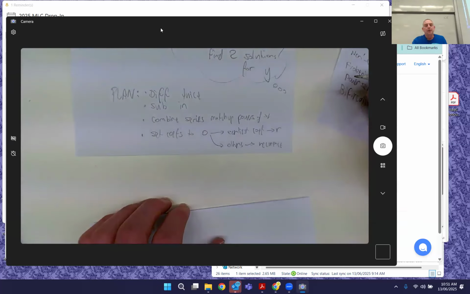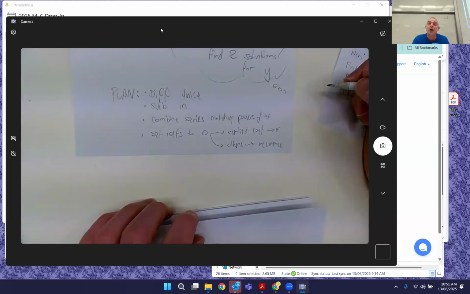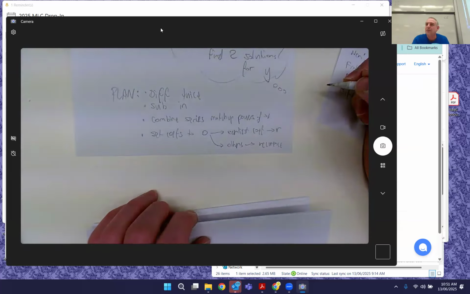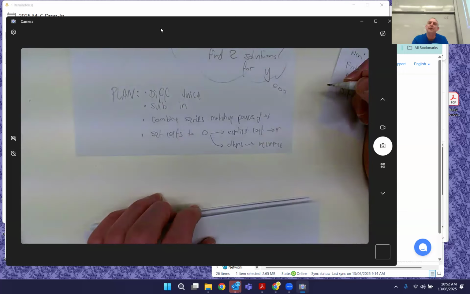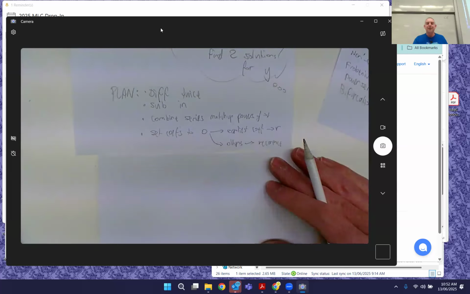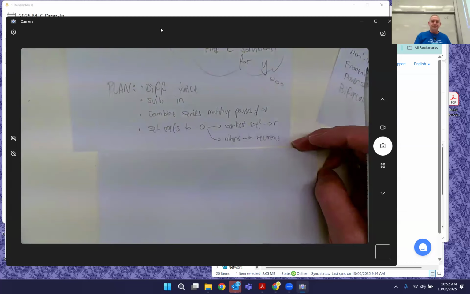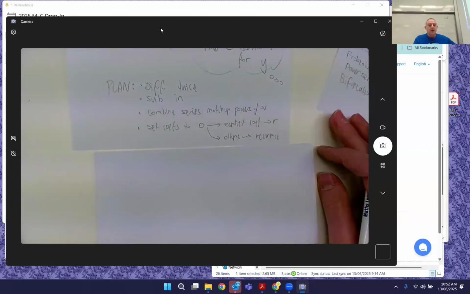Yeah. So setting the earliest coefficient equal to 0 is called the indicial equation. I don't know why. I think it's because it indicates things. But it would be nice if they just called it the indicator equation. But whatever. They can't call it a characteristic equation because they've used that already. Okay, that's the plan.